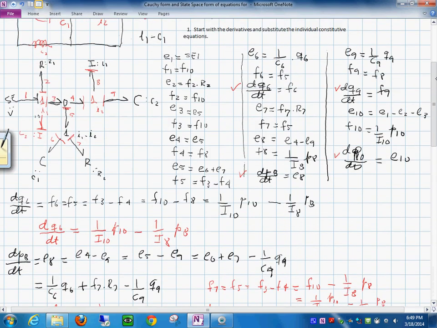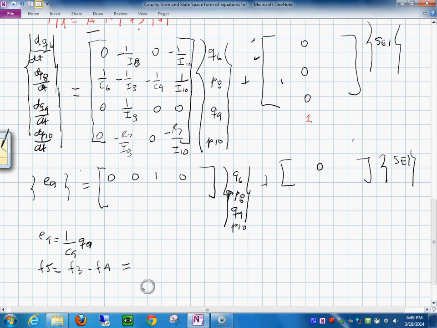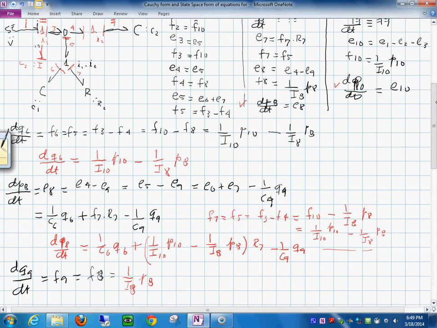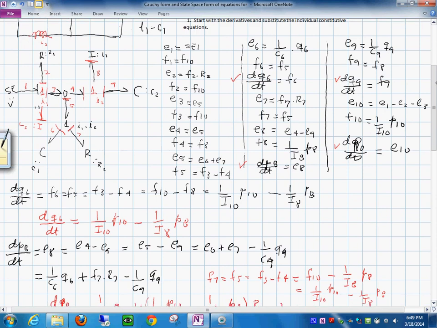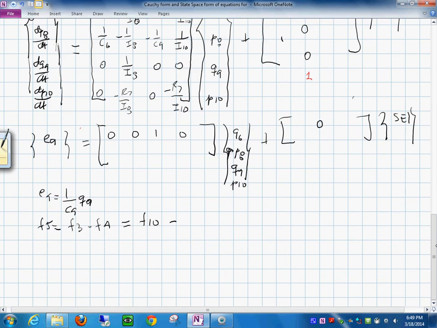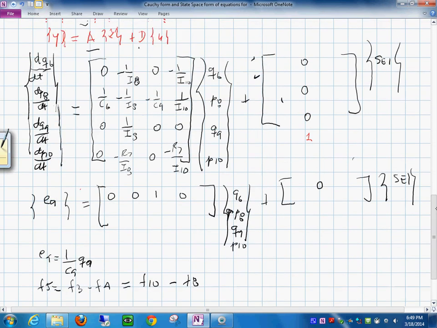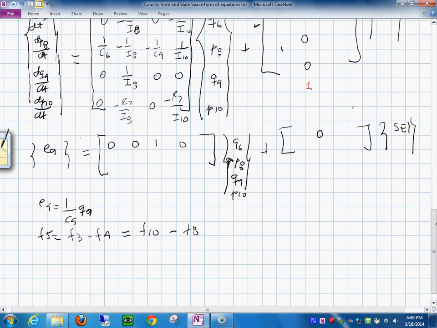Yeah, F sub 3 is F sub 10 minus F sub 4, which we have. F sub 4 is F sub 8. Okay, so that's the C and the D matrices for this.